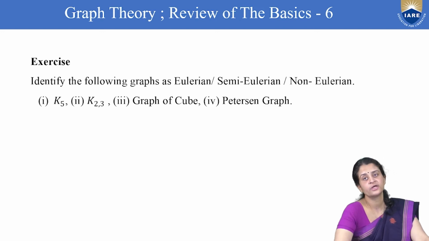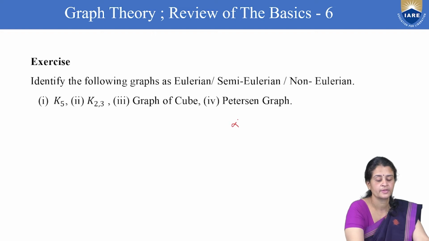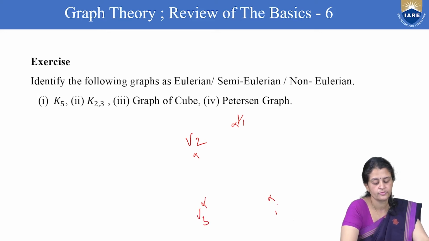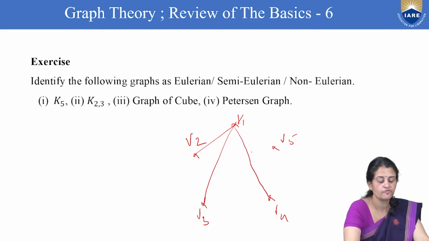Now identify the following graphs as Eulerian, semi-Eulerian and non-Eulerian. If you are taking K5, what is K5? A complete graph on 5 vertices. Is it Eulerian? We'll see. V1, V2, V3, V4, V5. Complete graph means every vertex is adjacent to every other vertex, right?